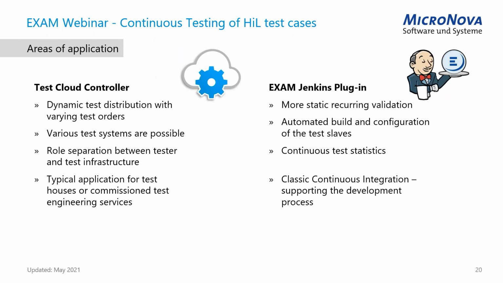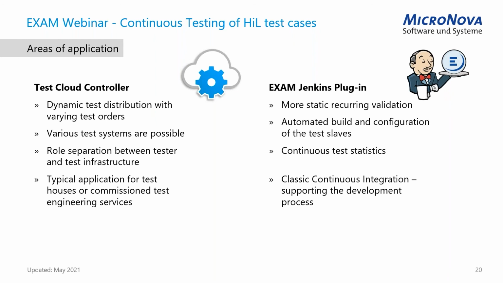This means installation of your XM client, and this shouldn't be a problem, so that the installation is not too complex using XM on the testing slaves. And also where you rely on continuous test statistics for the development team, then I think the best choice would be to think about the usage of the XM Jenkins plugin.